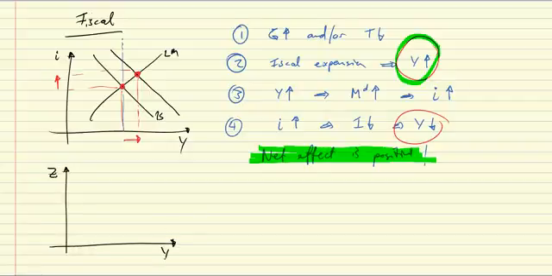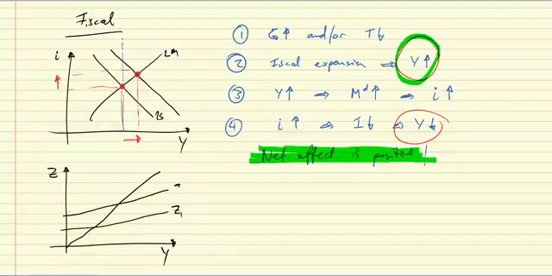So we have Z and Y in the goods market, and we have an initial Z1, and then we get a fiscal expansion which shifts us up from the first goods market equilibrium to the second one.